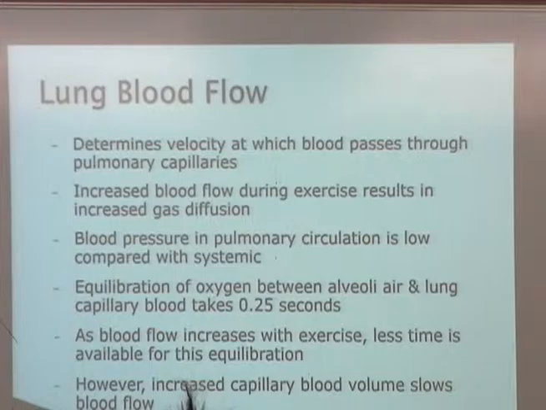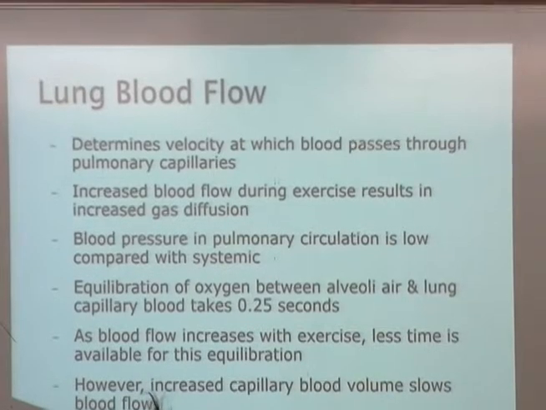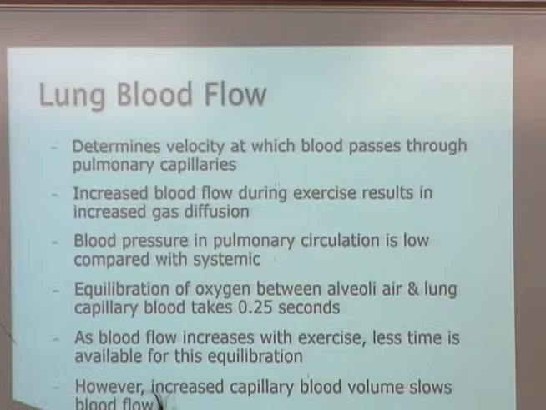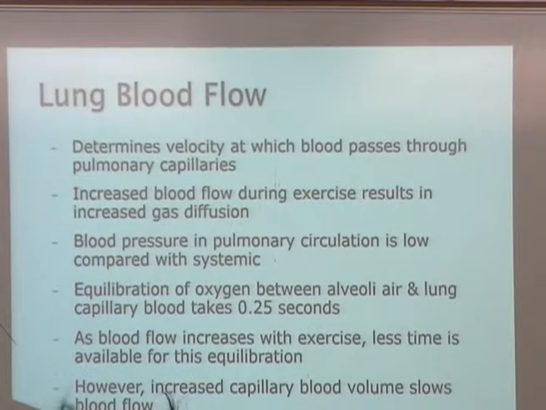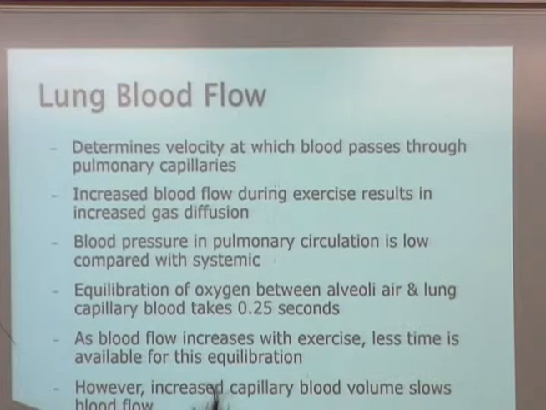So we're doing our best to get air into the lungs. I need to increase blood flow through the lungs to pick up that extra oxygen and get it down to the muscle tissue. So how fast is the blood passing through the lung tissue, through the capillaries in the lungs?